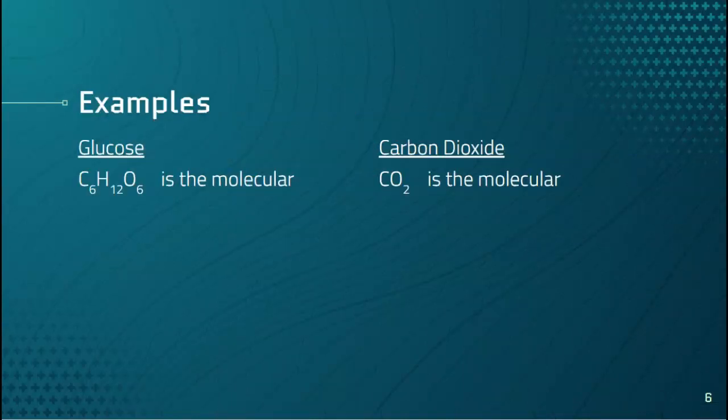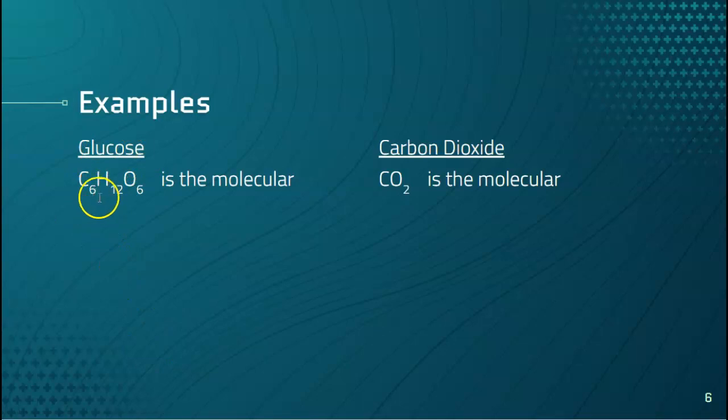So let's take glucose over here. Glucose, aka sugar, very important molecule. And so your body uses this in all kinds of stuff. C6H12O6 is the molecular formula, okay? Notice that this is not in its simplest terms, right? How could we simplify this? What do they all have in common?